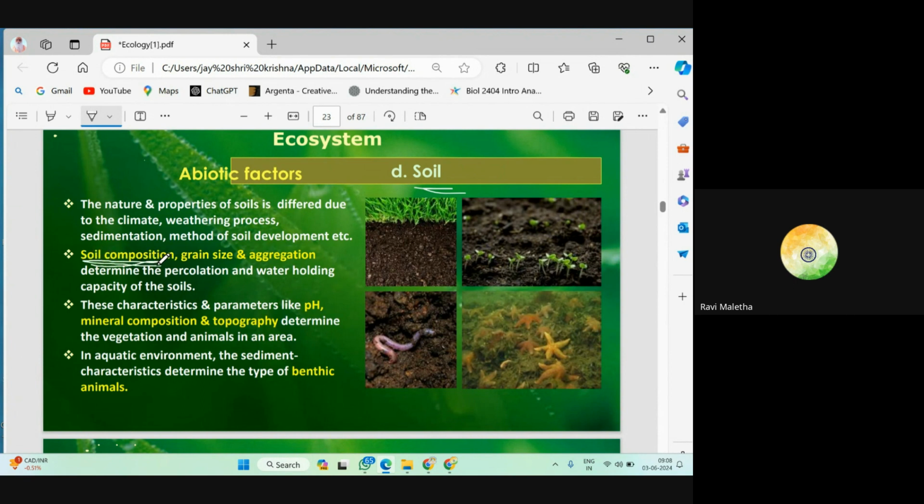It means what different constituents are present in a specific soil. For example, whether humus is there. Humus is a kind of natural fertilizer present in soil, made by earthworms. So whether humus, stones, or some minerals are present, this is known as soil composition.